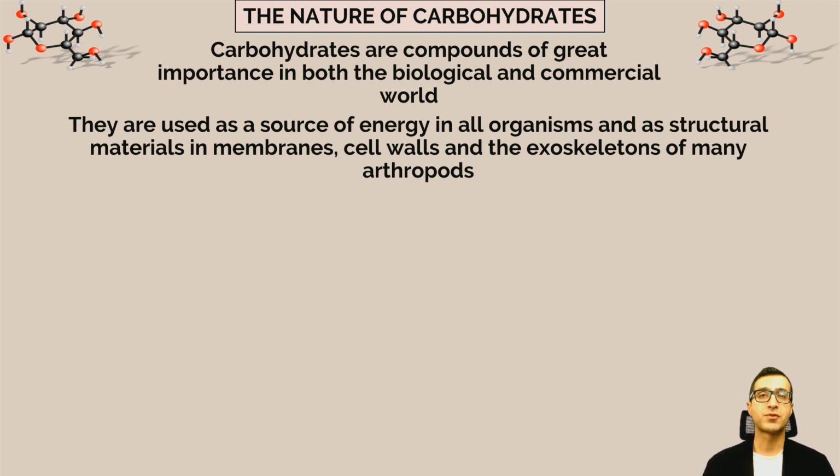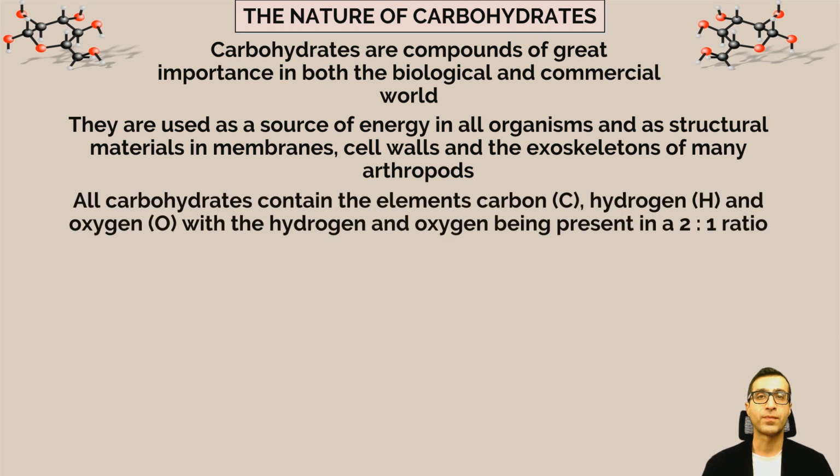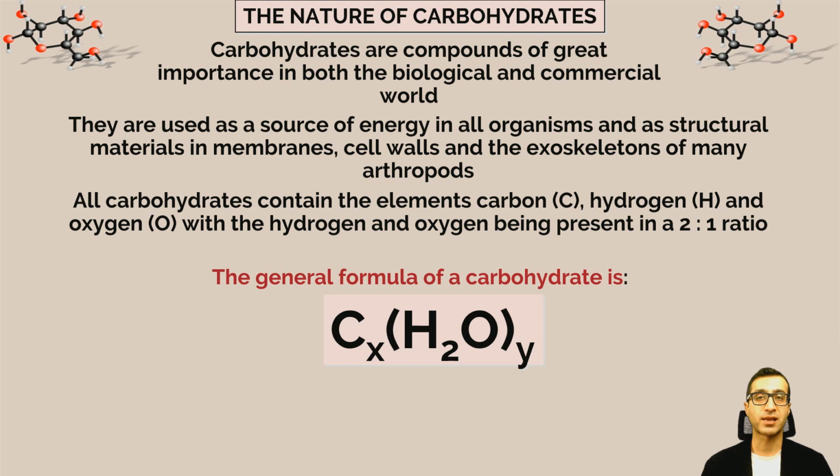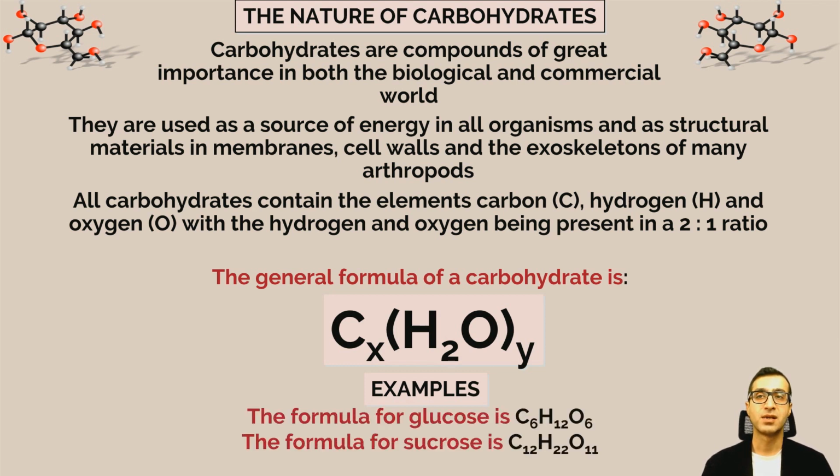Now, all carbohydrates contain the elements carbon, hydrogen and oxygen, and in carbohydrates the elements hydrogen and oxygen are present in a 2:1 ratio. So as we saw before, the general formula of a carbohydrate can be represented like this, where x and y are integers. One example that we saw in the previous video was glucose, whose molecular formula is C6H12O6, and so of course this conforms to that general formula.